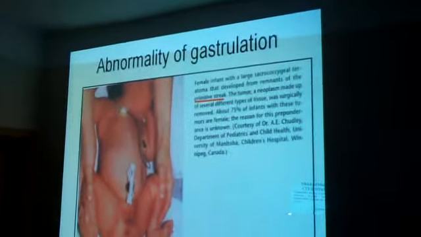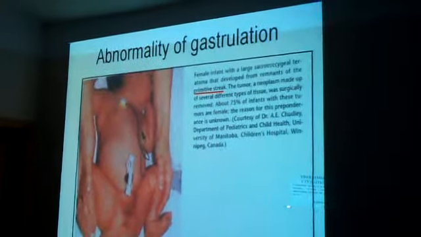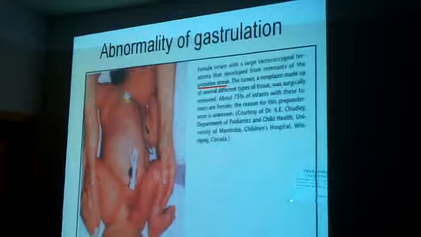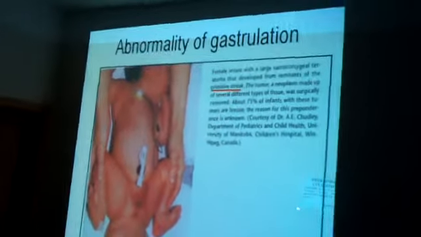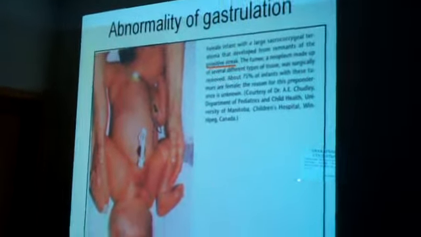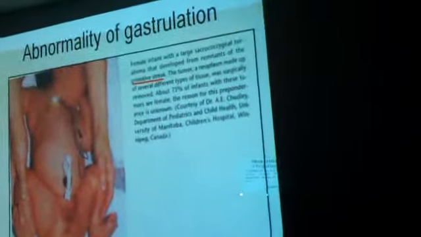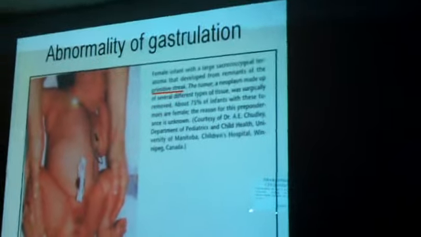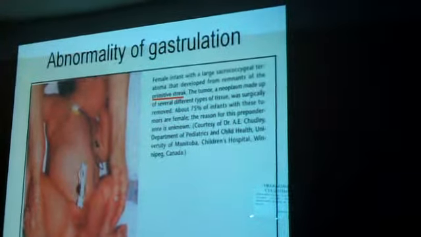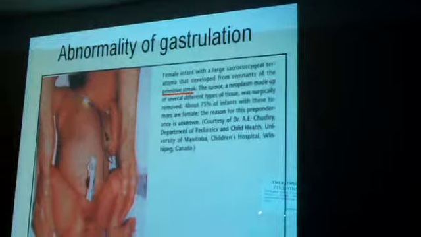Abnormalities of gastrulation sometimes happen. This is from this big book. Sacrococcyx. The primitive streak is a structure homologous to the blastopore, so it can have a dorsal lip and can cause a second complex of organs, like notochord and neural tube.